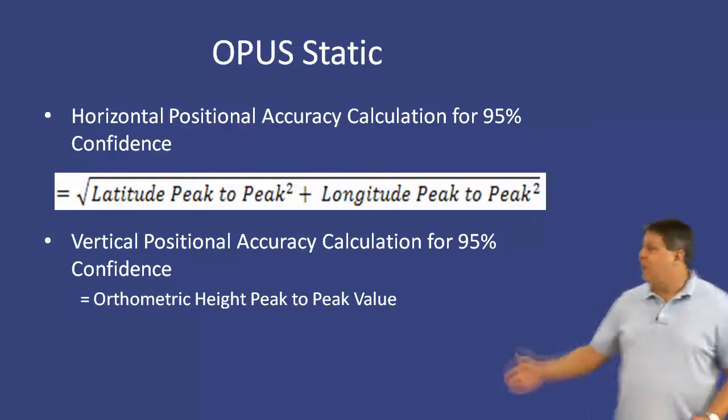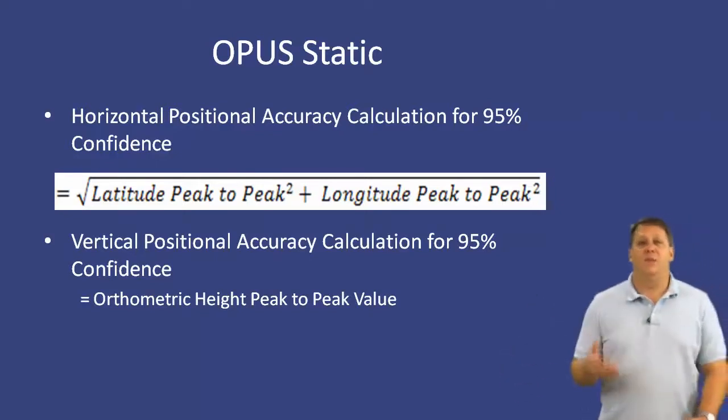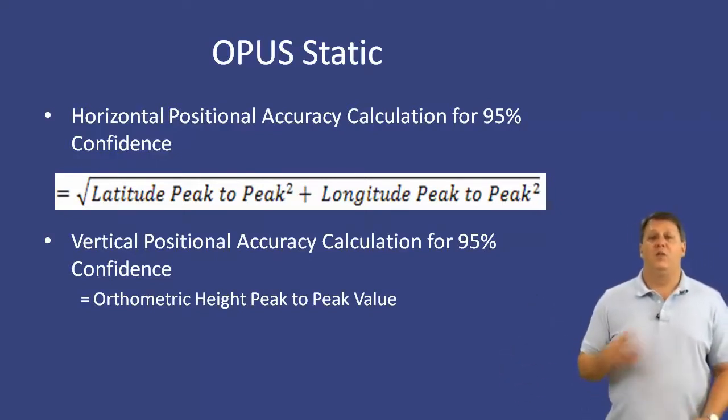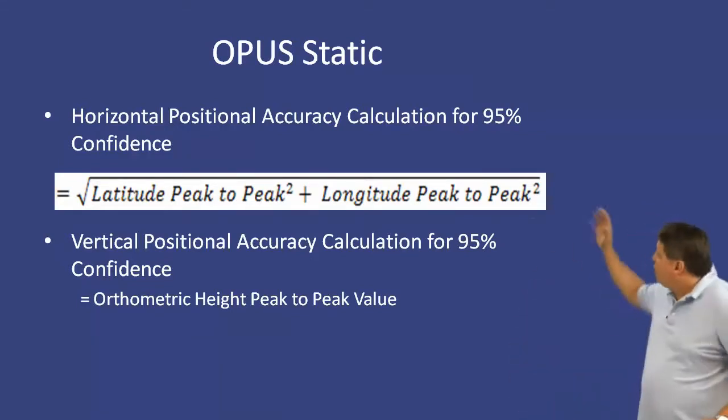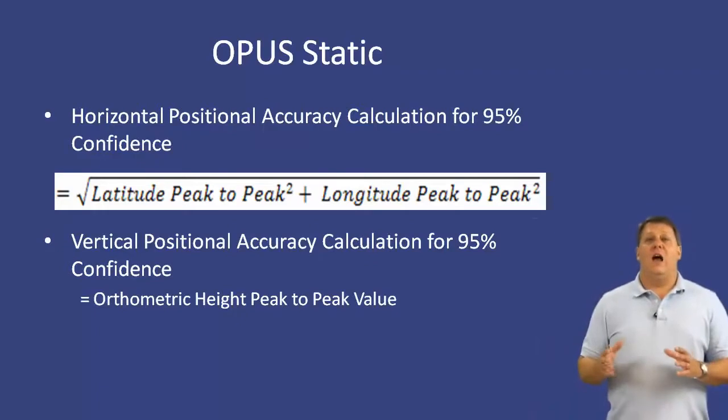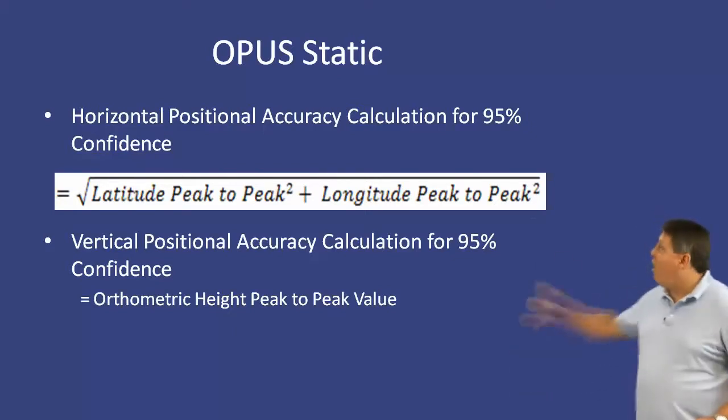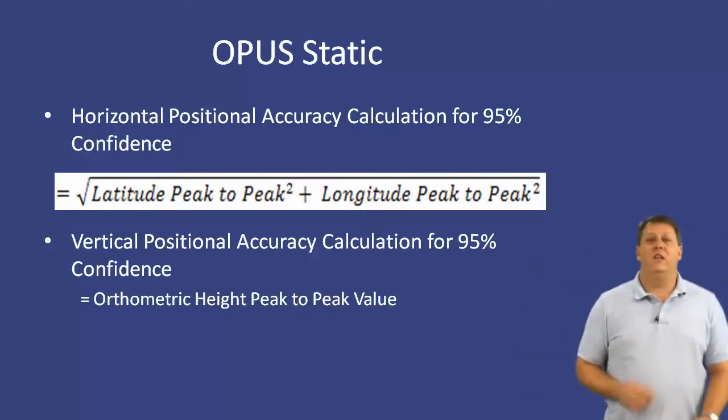Whatever our answer is for orthometric height peak-to-peak, that is our vertical positional accuracy at 95% confidence. What we're going to do next is take our OPUS static report and use it with the spreadsheet to show you how we can enter these values to get these answers computed, using the spreadsheet included with the video.